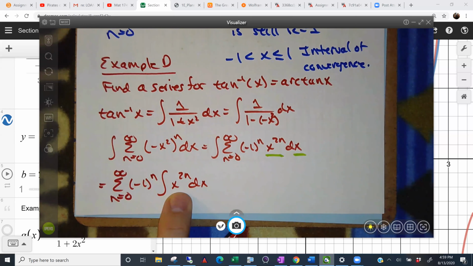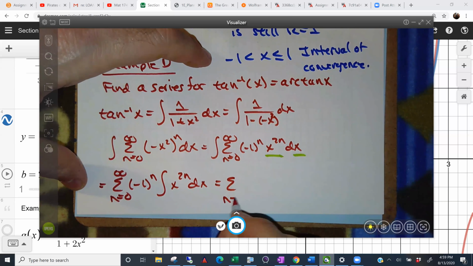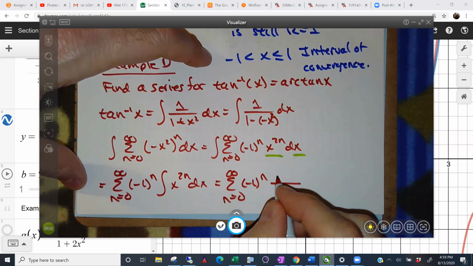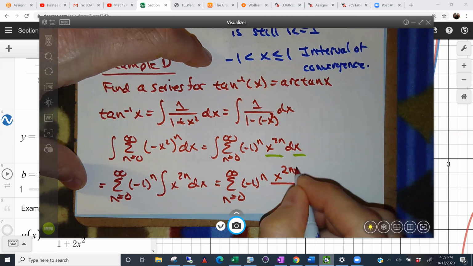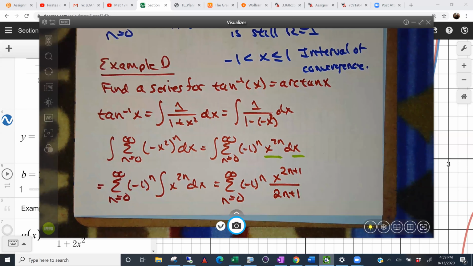Well, that's not too bad. That's actually pretty good. So none of this stuff has changed. -1 to the n. Integrating that means adding 1 to the exponent and dividing by the same exponent. Wow. That's pretty cool.